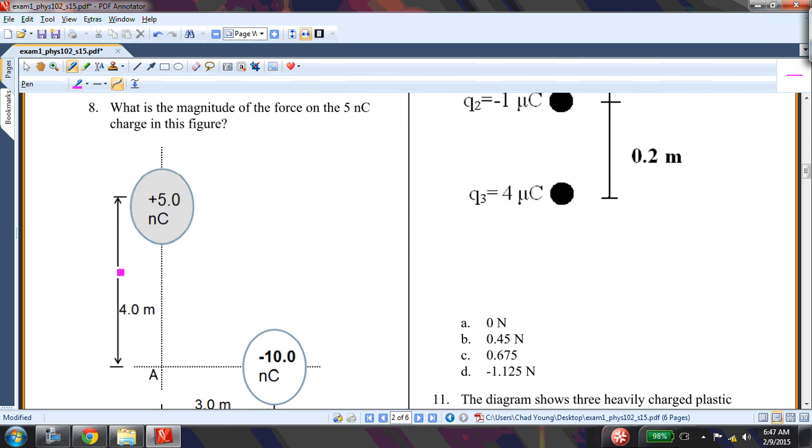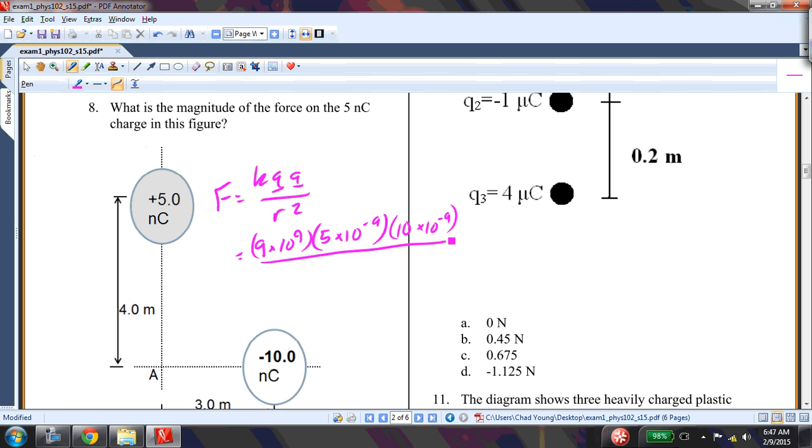What is the magnitude of the force on this 5 nanocoulomb charge? Okay, well the force is kQQ over R squared. That's going to be 9 times 10 to the 9th, times 5 times 10 to the minus 9, times 10 times 10 to the minus 9, divided by the distance.